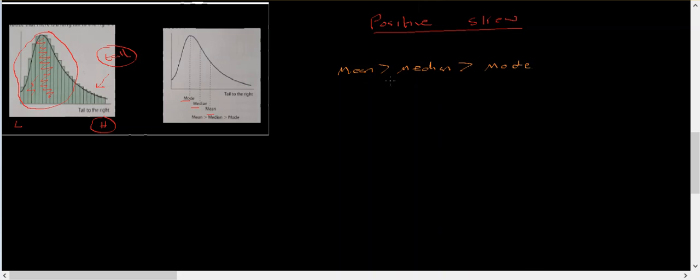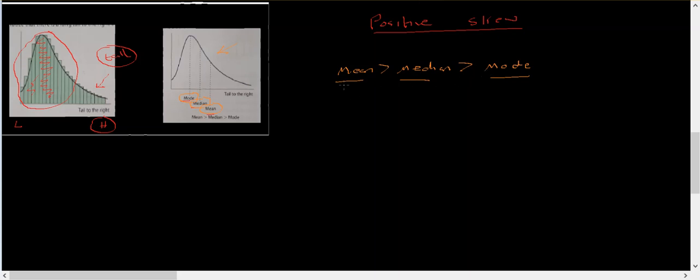What's going to happen is that the mean is going to have the larger value, followed by the median, and then followed by the mode. So if you see here on the graph, for example, we can see that the mean is generally going to be bigger than the median and the mode. So the data will be skewed. Unlike with symmetrical data, where these are all equal to each other, generally with a positive skew, the mean, the median and the mode are going to be spread out.